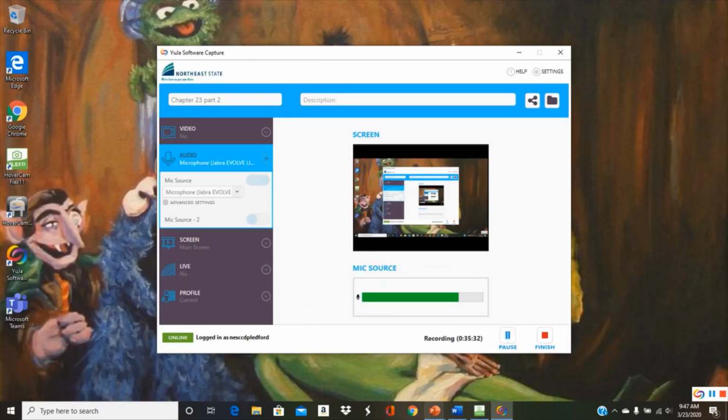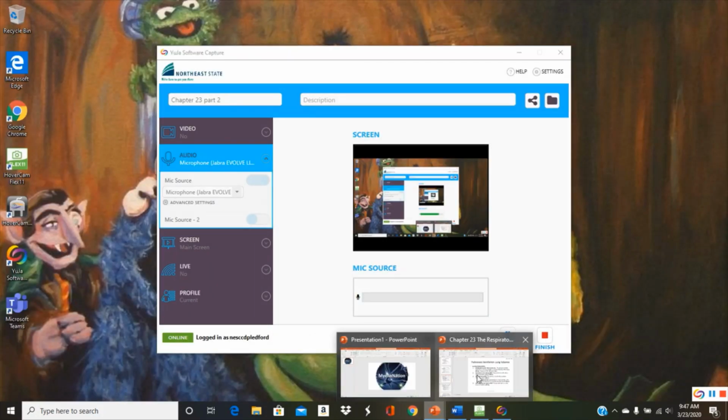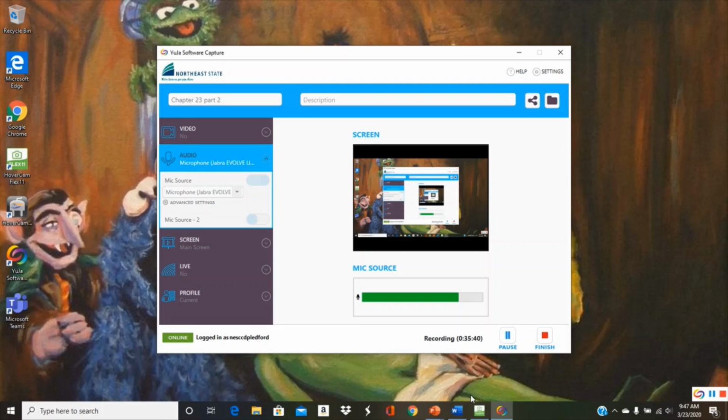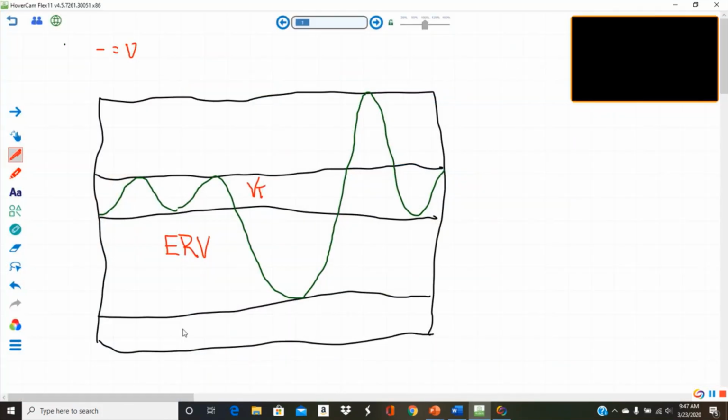Our next volume is residual volume. Now, residual volume has a secondary component, but I'm going to write RV here. And then in that, I'm going to draw a dotted line.